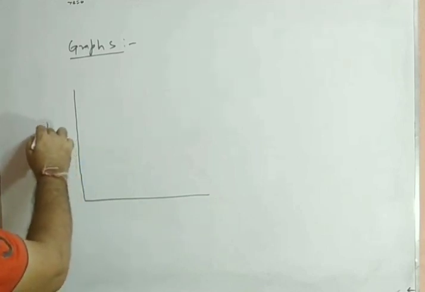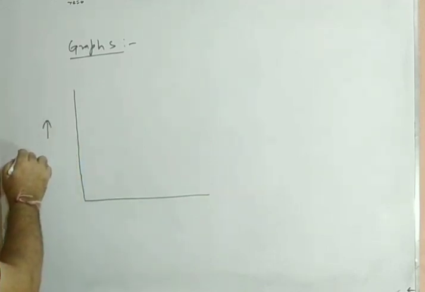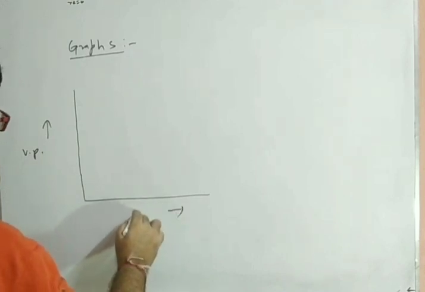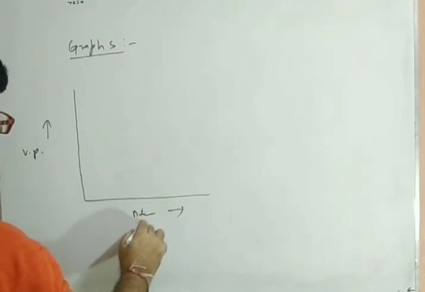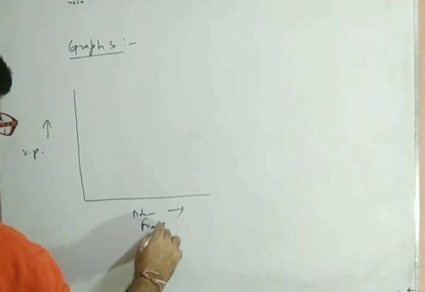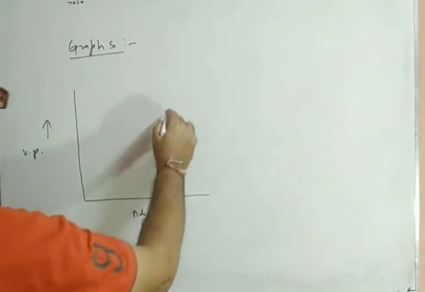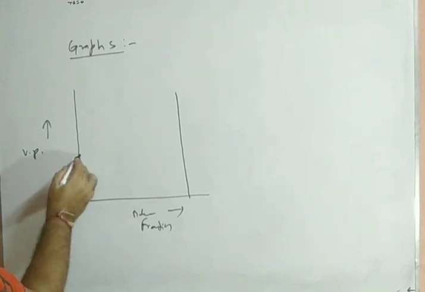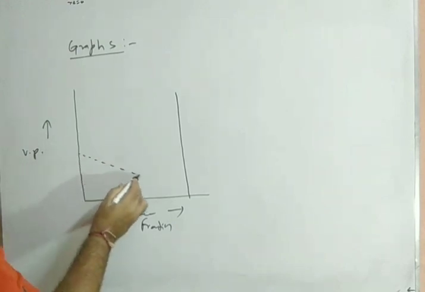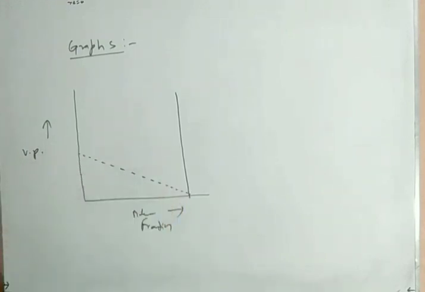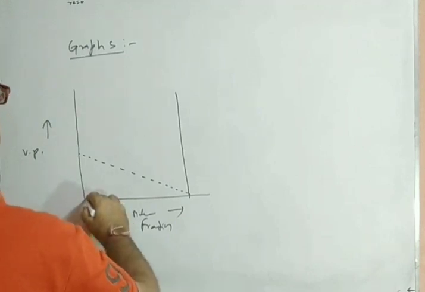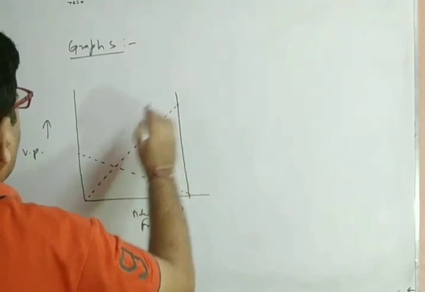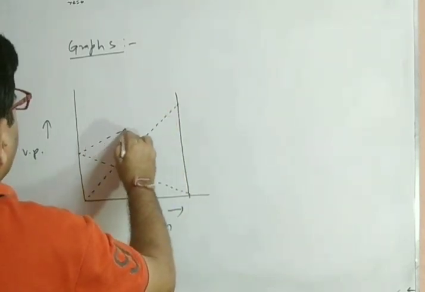Suppose on the y-axis we consider vapor pressure, and here mole fraction. For an ideal solution, we know that a straight line is obtained. This is the resulting line.